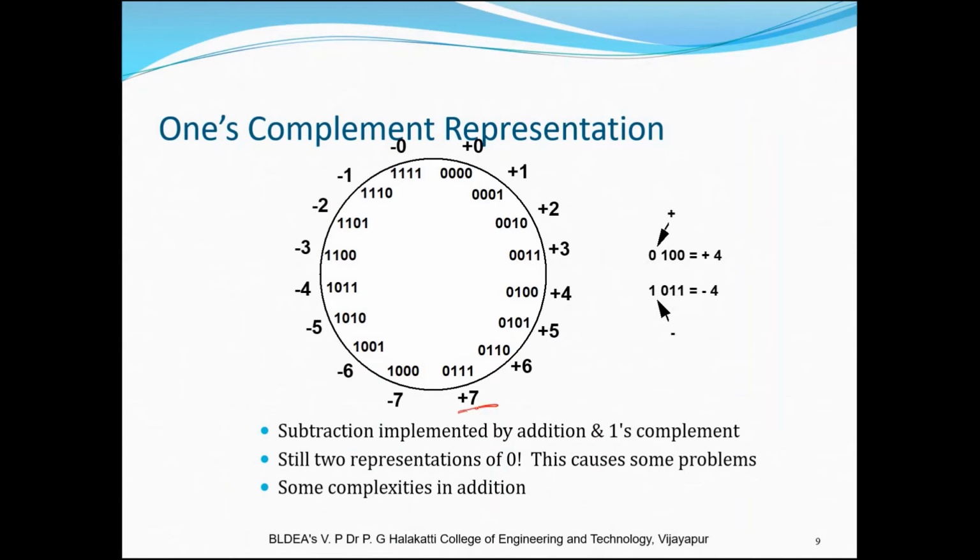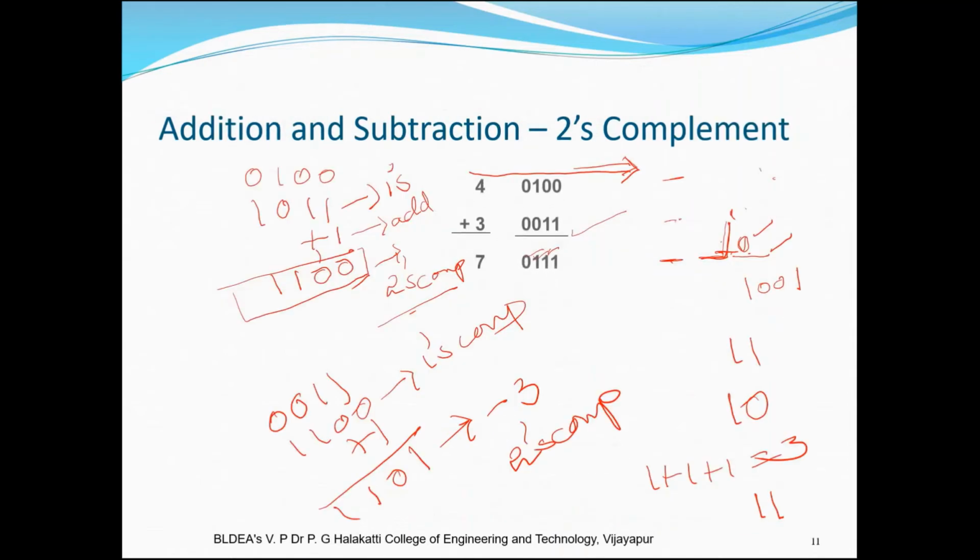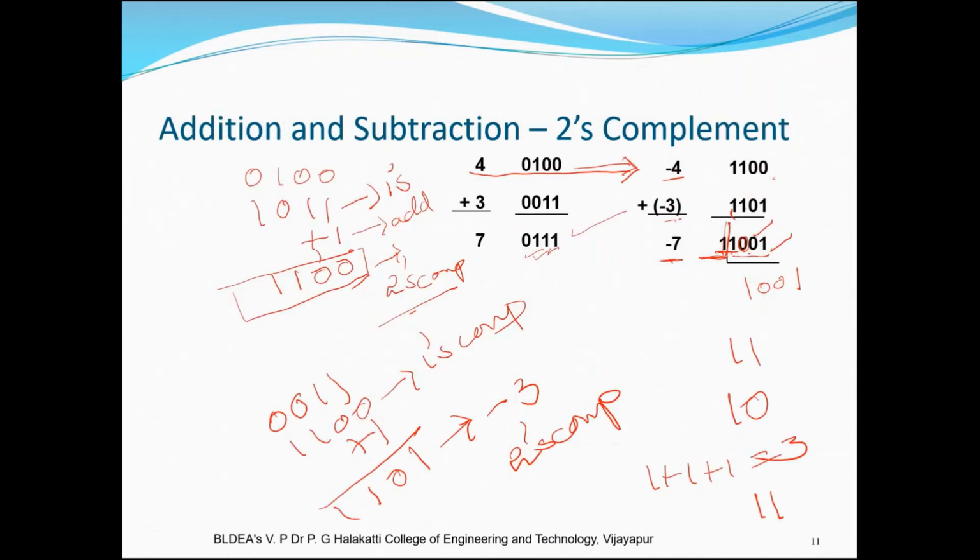If this is 1's complement and 2's complement, if this is +7, then -7 will be 1001. That is the answer which we got here. So if I discard this carry bit because it is only 4-bit representation, the answer is 1001.